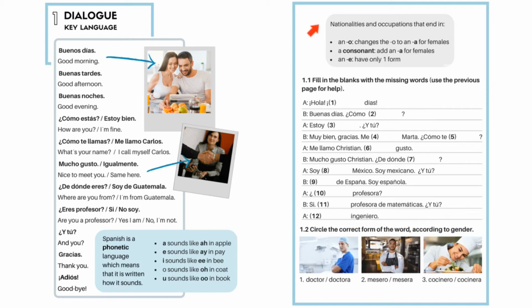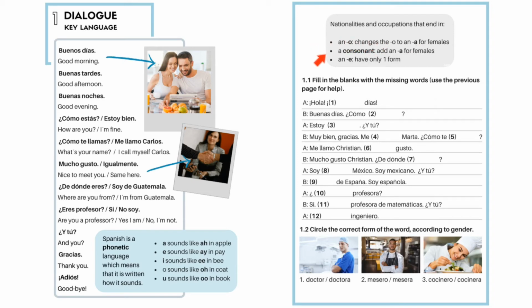And the second thing I want to point out is that we're going to have to deal with gender in the Spanish language. And this is the first time we're going to see it, but certainly not the last. You're going to notice that nationalities and occupations can end in an O for the masculine form, or they can end in an A for feminine.